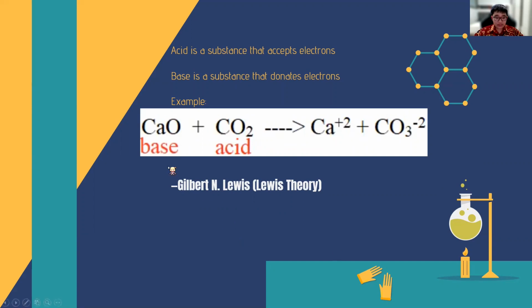For example, CaO plus CO2 becomes like this. The CaO is a base, while the CO2 is the acid. This is because the CO2 receives the electrons from the CaO, which makes this a base and this an acid.